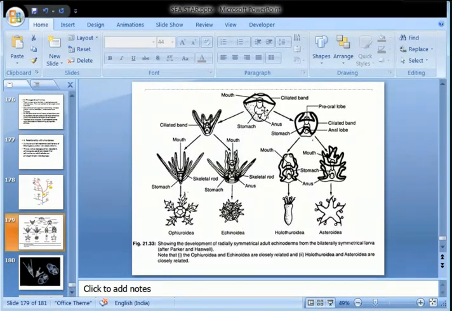Here you see the development of radial symmetrical adult echinoderm from bilaterally symmetrical larvae. So these are the adult Ophiuroidea, Echinoidea, Holothuroidea, Asteroidea, and these are the larval forms.